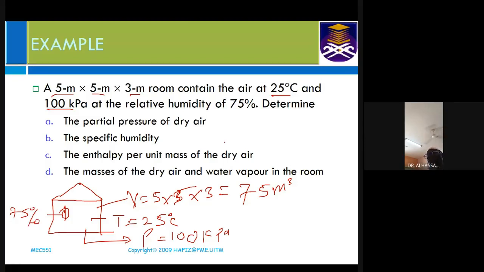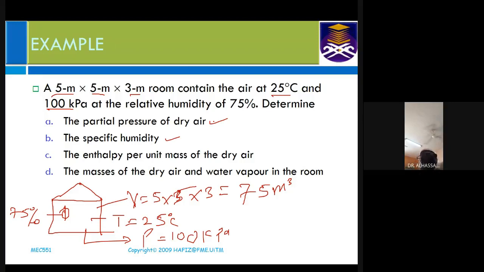We want to determine the partial pressure of the dry air, the specific humidity of the air, and the enthalpy per unit mass of the dry air.